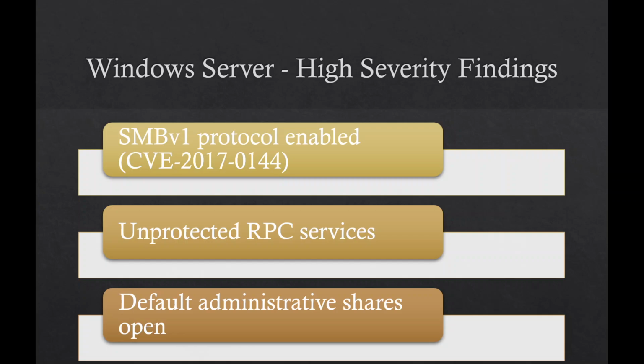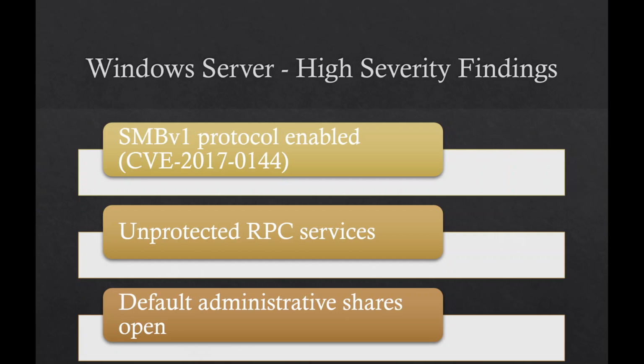The Windows server had several critical findings. First, it was still using the SMBv1 protocol, which has well-documented vulnerabilities such as EternalBlue that contributed to the WannaCry ransomware outbreak. Secondly, RPC services were open and unprotected, exposing the server to potential lateral movement attacks.